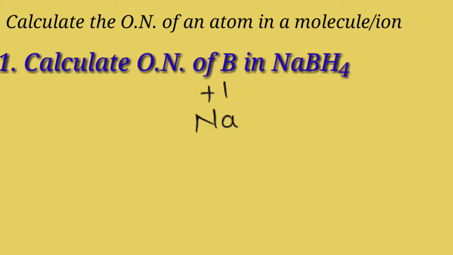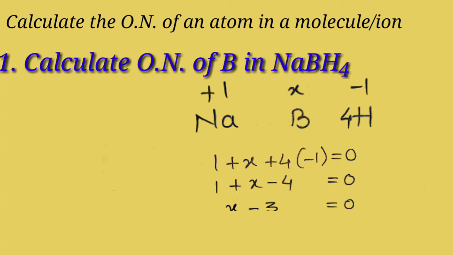Hydrogen, as it is bonded to boron, has an oxidation number of -1. We consider the oxidation number of boron as X. Now let us see the calculation. On substituting the values, we get the oxidation number of boron in sodium borohydride as +3.